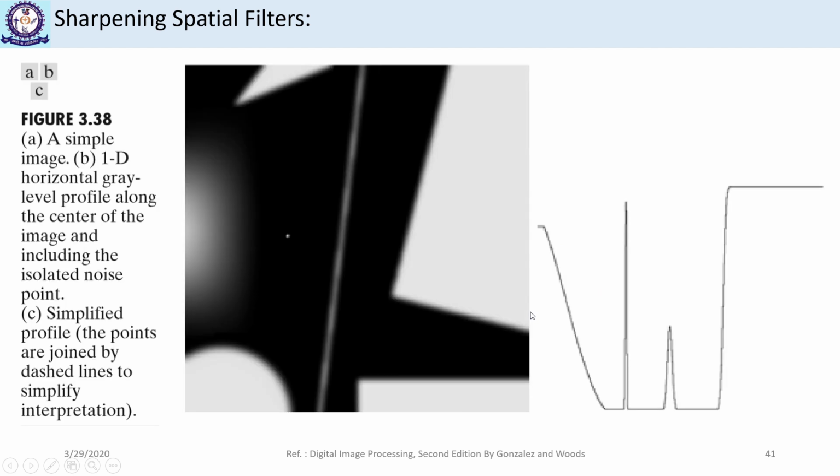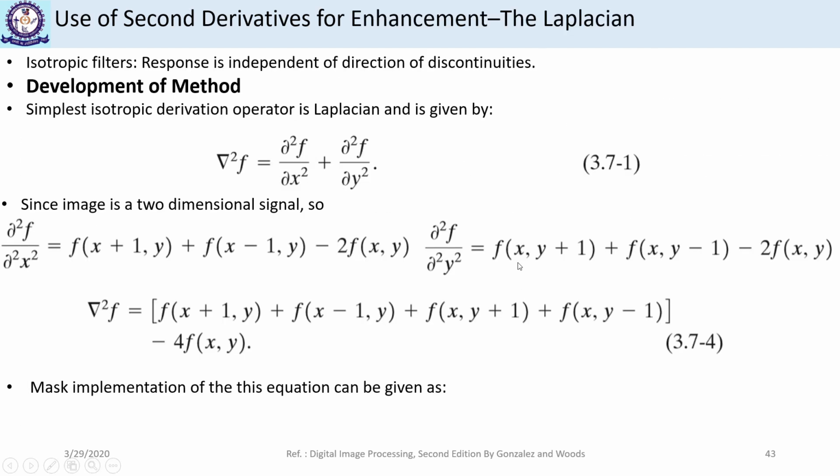So from this formula, del 2 f by del x square would be equal to f(x+1, y), that is the next instance, plus f(x-1, y), that is the previous instance, and minus 2 times the current instance, f(x, y). So we can write del 2 f by del x square as this.